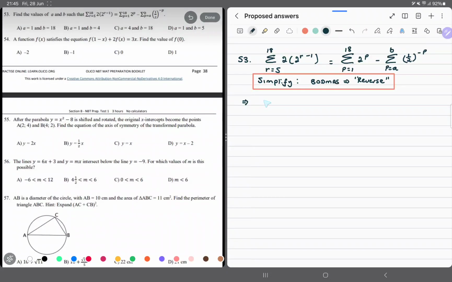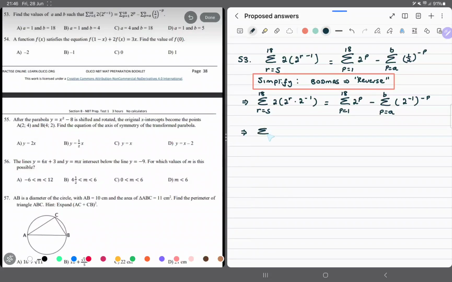So let's simplify here. So we've got sigma of 2 into 2 to the r times 2 to the minus 1. This must be equal to the sigma of 2 to the exponent p. This one is simple. So we are further simplifying.